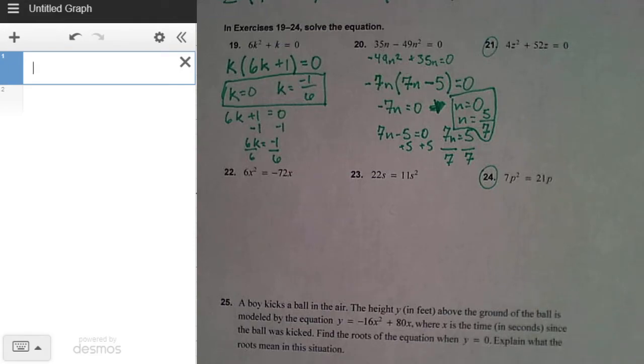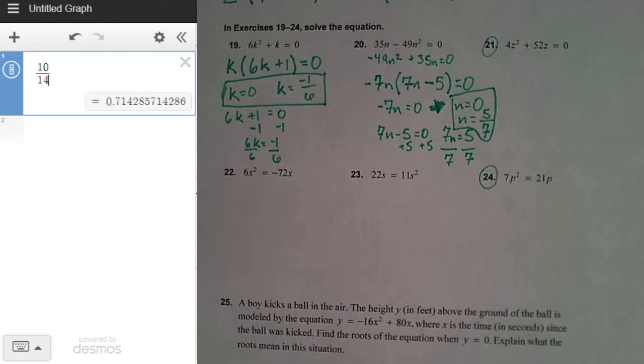A convenient thing to check is, if we had a fraction, we'll say 10/14, do we notice that both the top and the bottom are even?